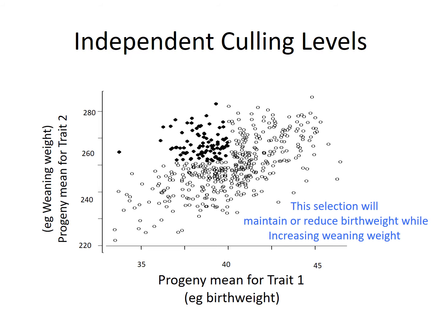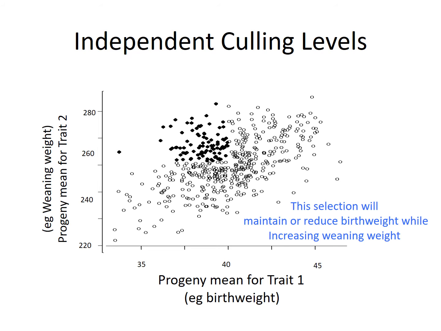We can move that whole pool to the left or to the right or up or down, depending on how we do our selection. And the reason that we see a change in performance from one generation to the next is because the animals that we've chosen as parents have different from average breeding values.